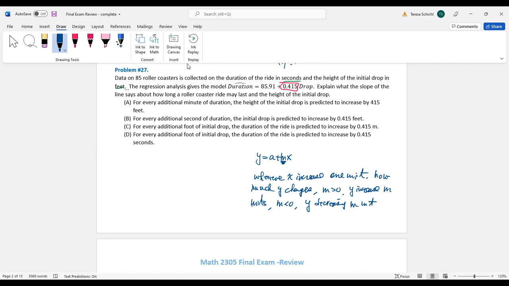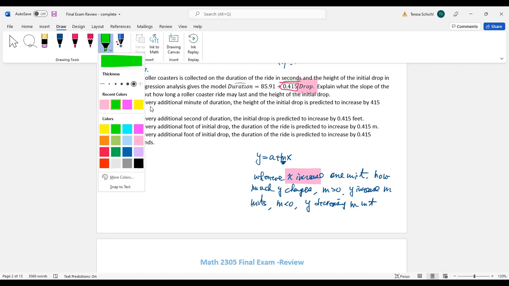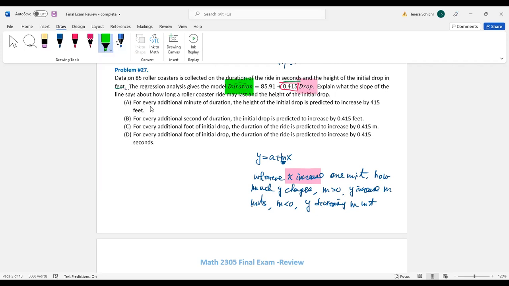Right now, we have 0.415. That means for every unit x increases, and x is my drop, so every additional foot of the initial drop, what is y? Here y is duration. How much does y change?